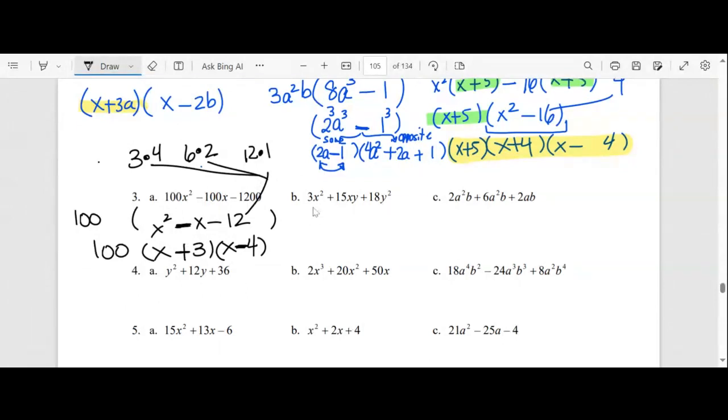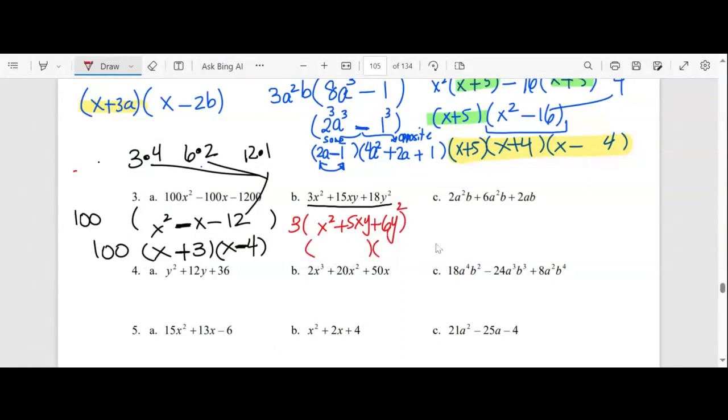Next one. What is common in all these three coefficients? Only 3. So what's left? X squared plus 5xy plus 6y squared.